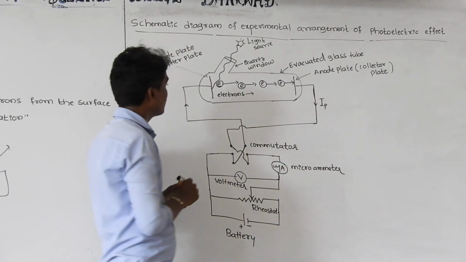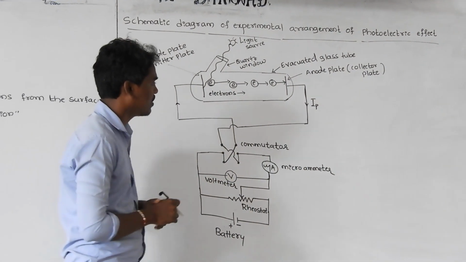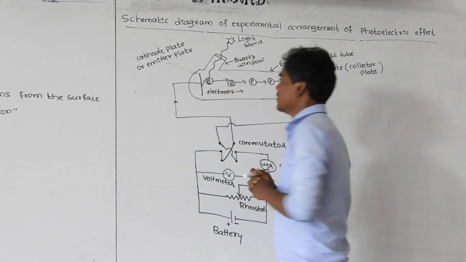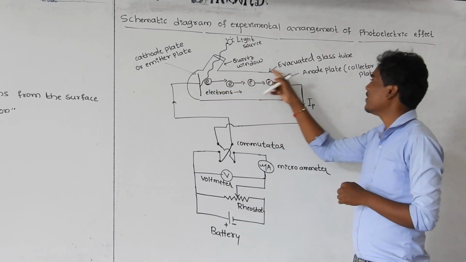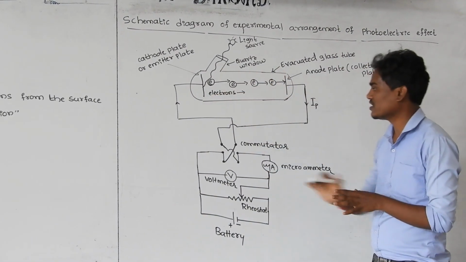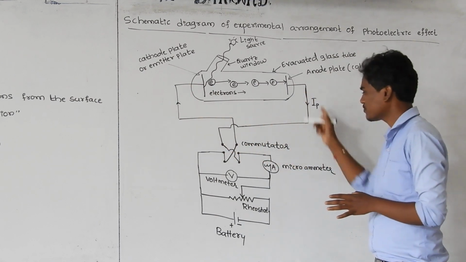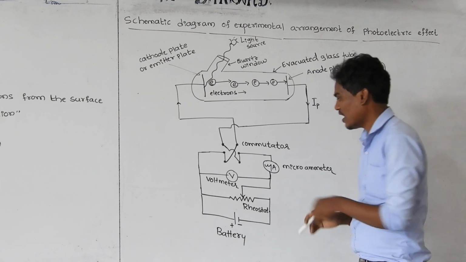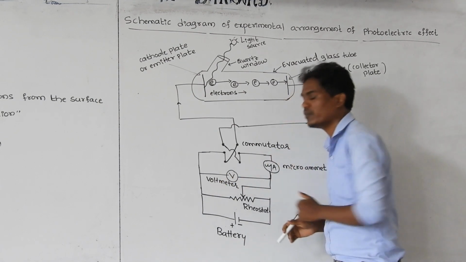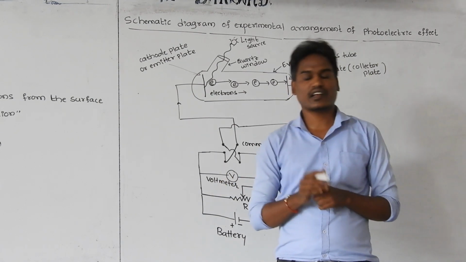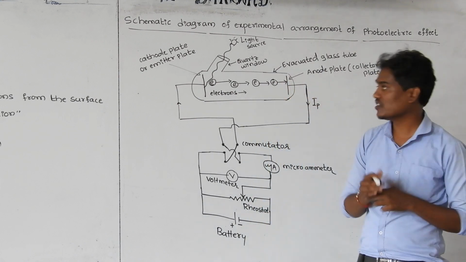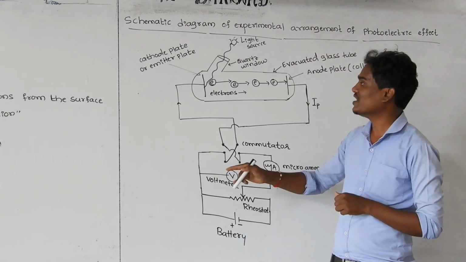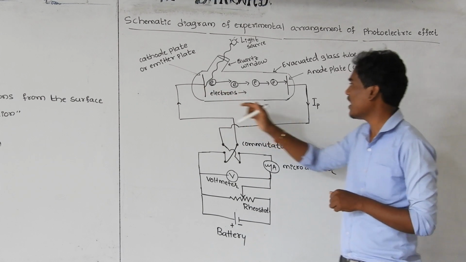Let us consider this diagram that is already here. This is an evacuated glass tube. This is all the wire arrangement, and this is the battery, and this is the voltmeter. The voltmeter is an electrical instrument to measure the electric potential difference between this point and this point.